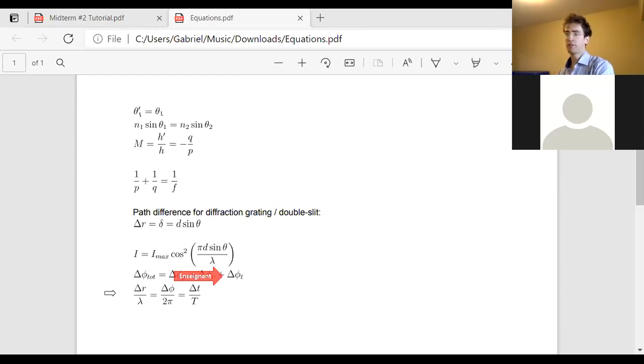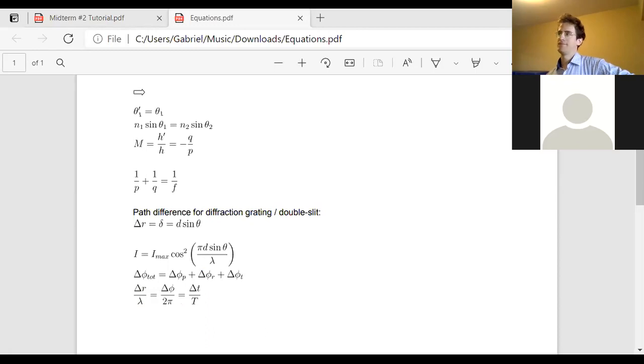And lastly is a formula that lets you figure out what the phase difference can be when there's a path difference or when there's a time difference. So you can find the phase difference when there's a length offset or a time offset for two sources of light meeting at some point.